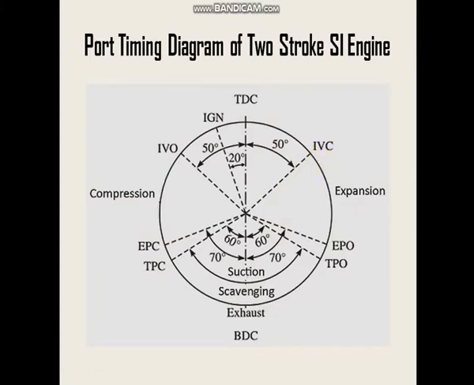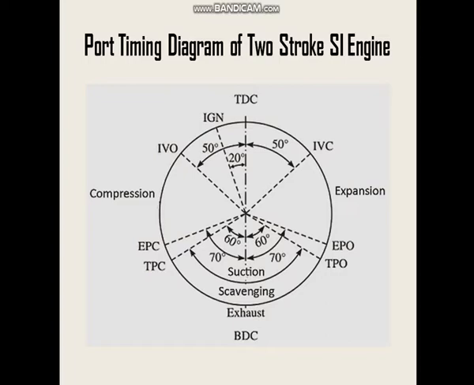So when the piston has moved from the TDC and covers the 50 degree angle, the inlet valve will be closed. Okay, and with further movement of the piston towards the bottom dead center, it will uncover the exhaust port first, because the exhaust port is slightly above the transfer port.